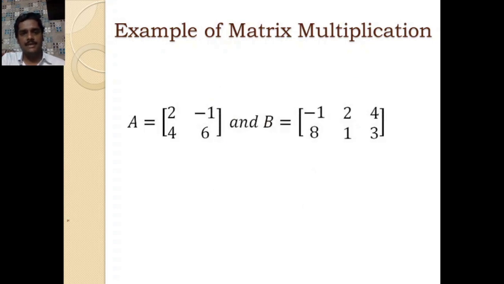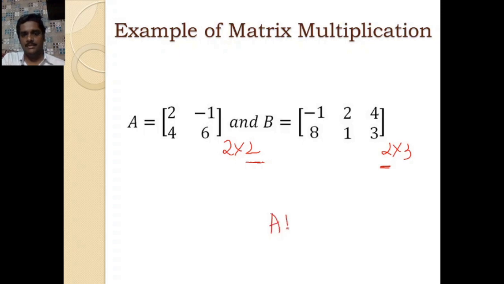So I have a matrix here of order 2 by 2 and of order 2 by 3. If you check condition, number of columns in first is same as number of rows in second. So matrix multiplication, the product A into B is defined.